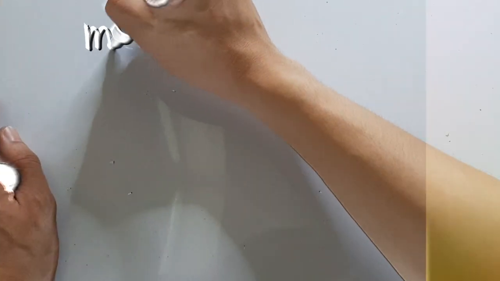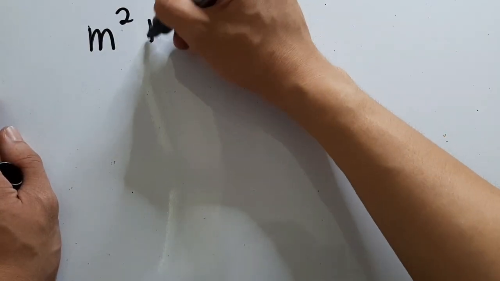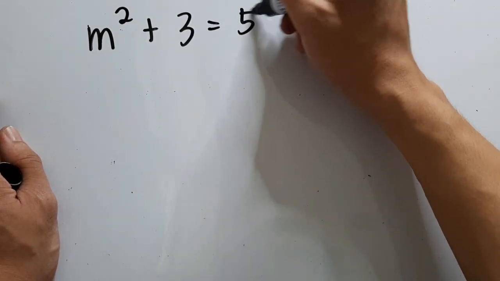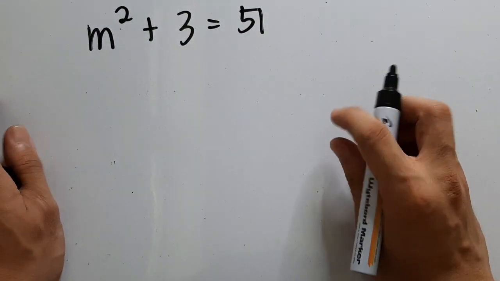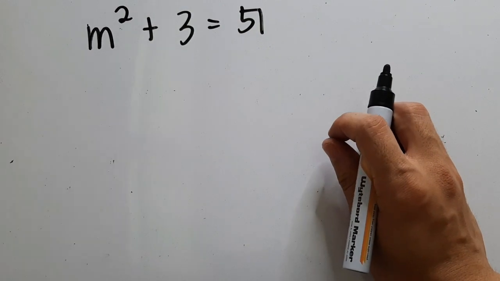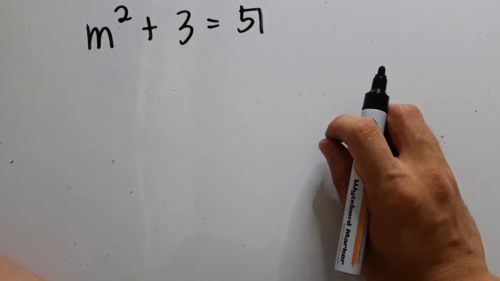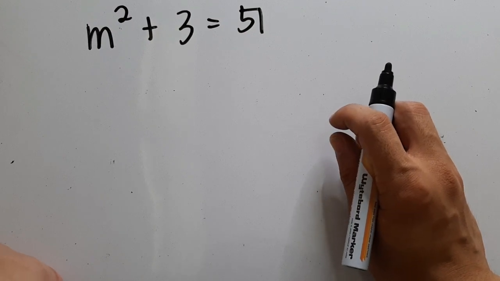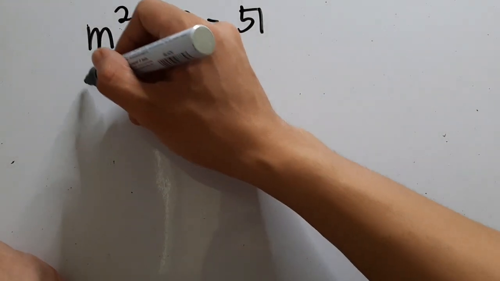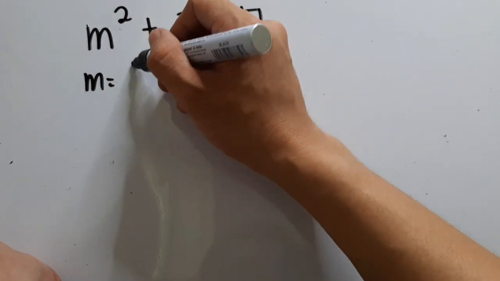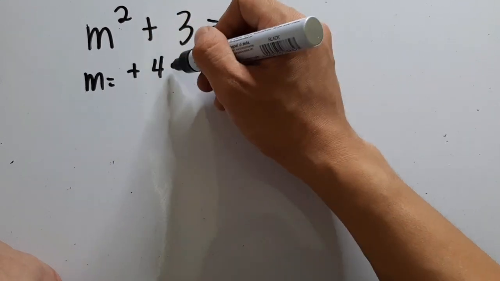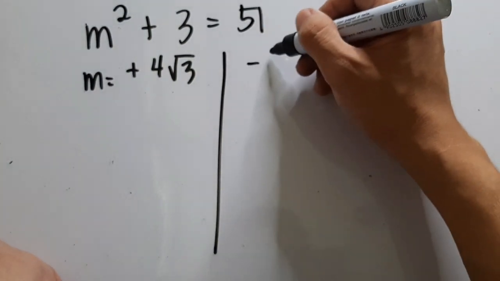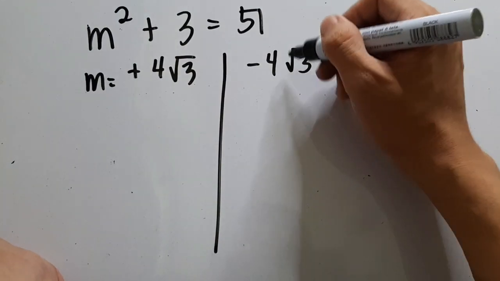Let us check if our answer will satisfy the given equation. So we have m squared plus 3 is equal to 51. So the value of m, it's either positive 4 square root of 3 or negative 4 square root of 3.